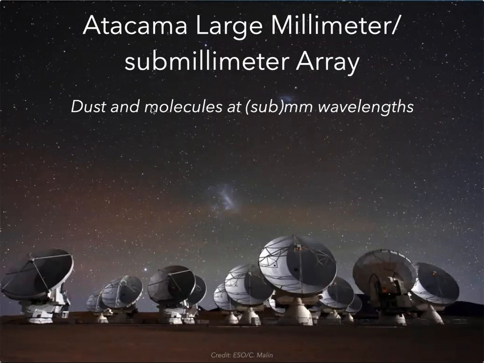It also has the sensitivity and spectral resolution for us to look at line emission coming from molecules. This is right at the wavelength that we need for seeing rotational transitions of molecules, from simple to complex, in gas at around 10 to of order 100 Kelvin. So it's just the right temperature regime that we're probing with these observations as well.